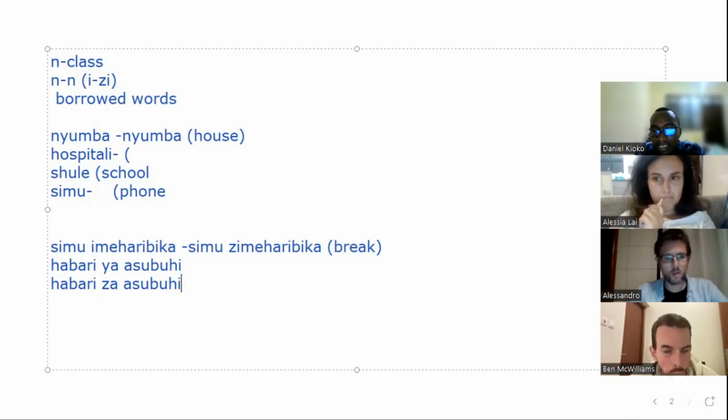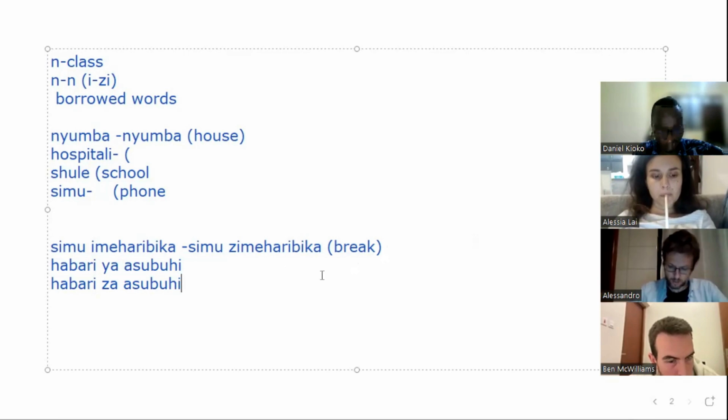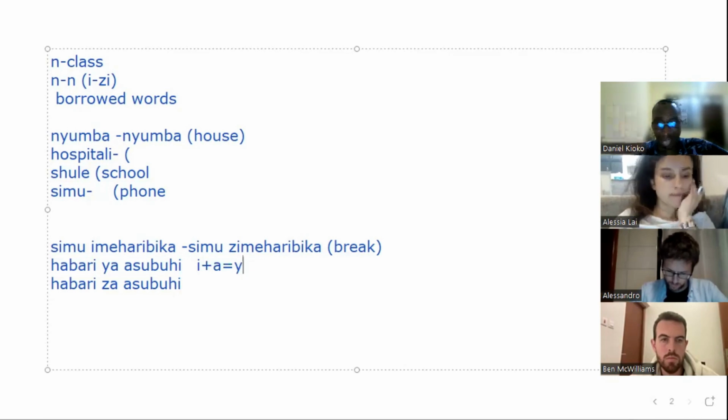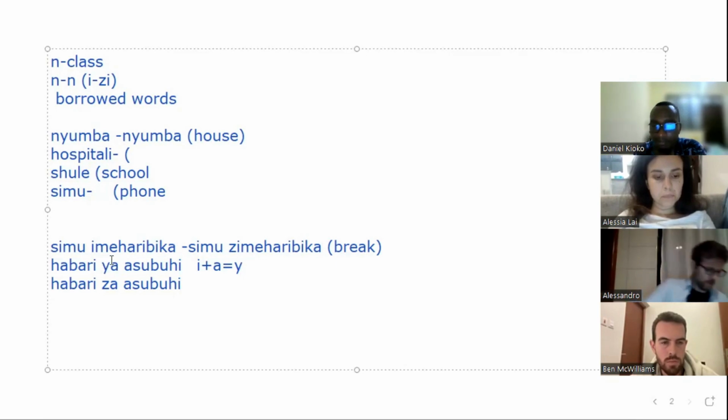Habari is under the N class. So that is why it's habari ya or habari za. Why is it ya? Good question. We said when it's I plus A, it brings Y. So the Y is coming from the I.